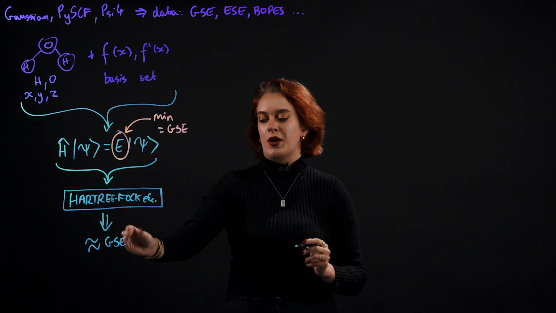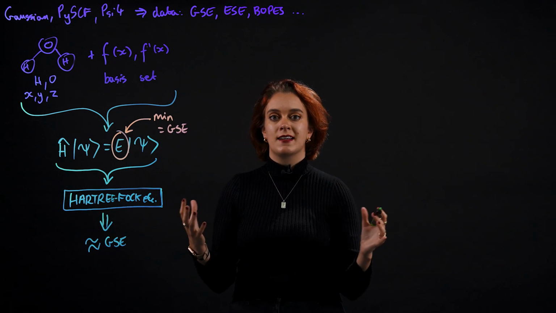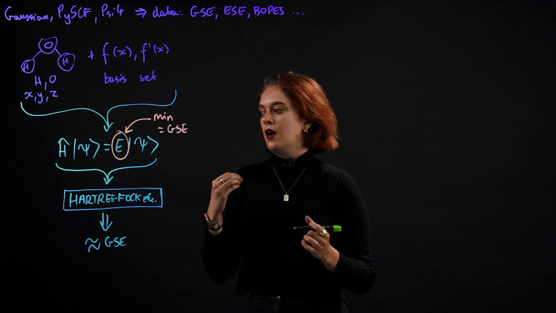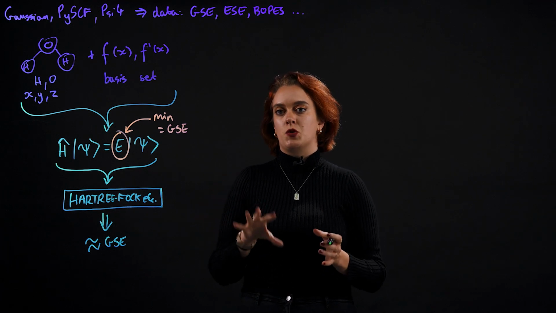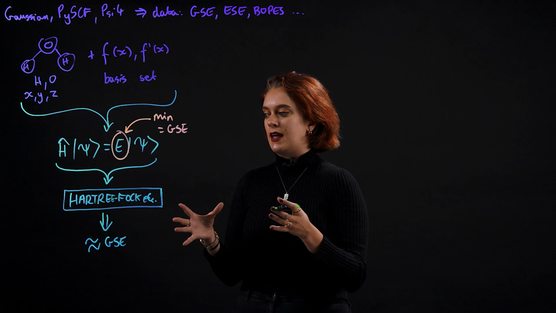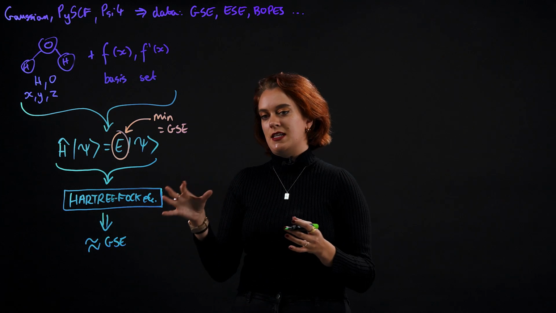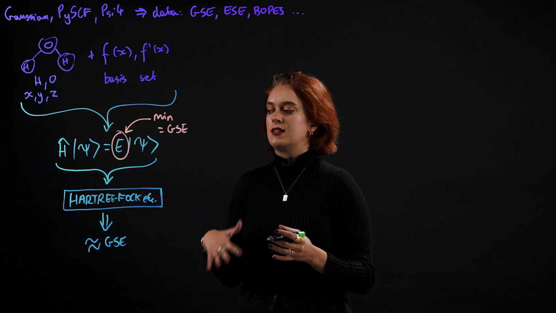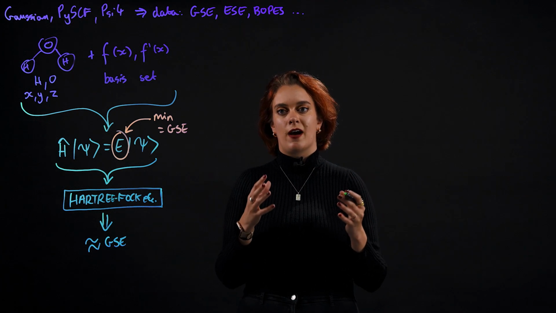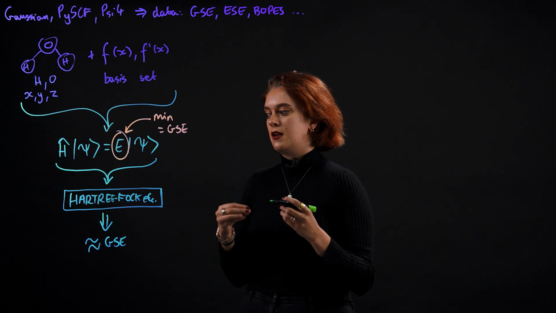So far, everything we've done up till this point, we can do classically with classical computers. However, there are a few problems with this. The first one being that the accuracy of this value will decrease as the complexity of our quantum system increases.